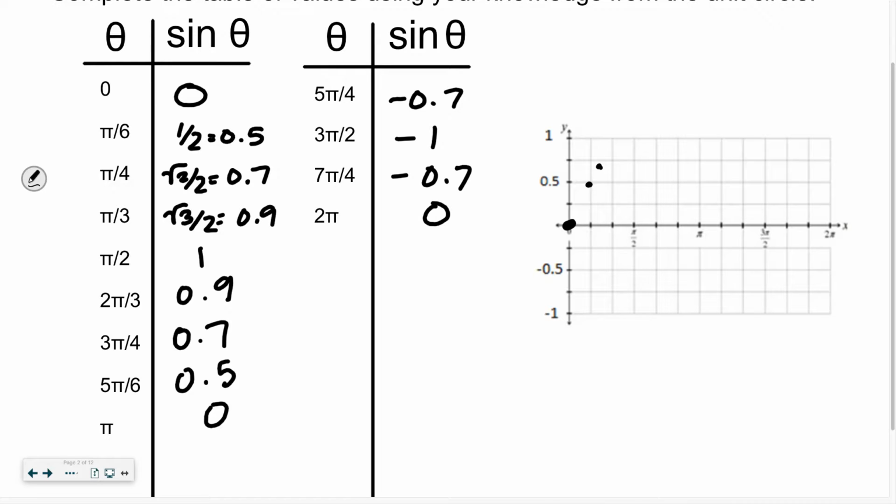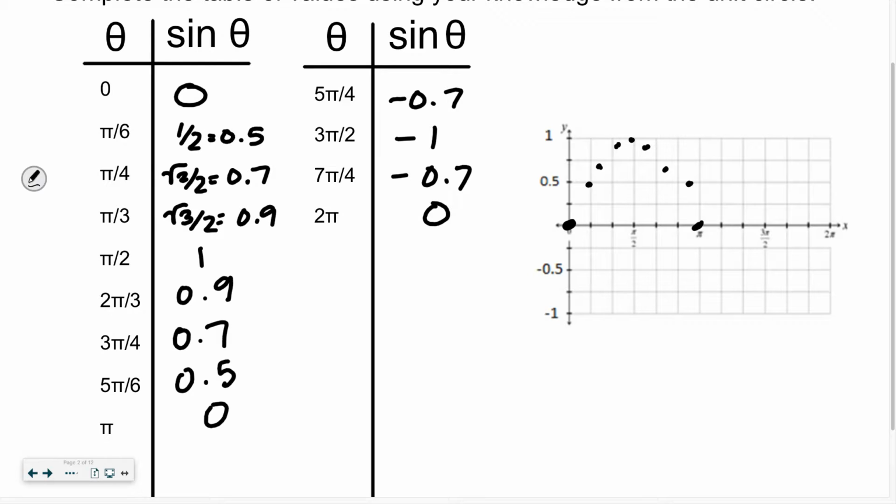And pi thirds 0.9 would probably be something right here. And then pi halves 1 right there. And then I am now in those second quadrant ones. So 2/3 pi is 0.9, 3 pi fourths is 0.7, 5 pi over 6 is 1/2. That one may be a little off. And I'm at pi, 0.